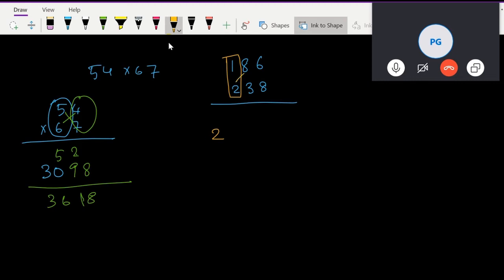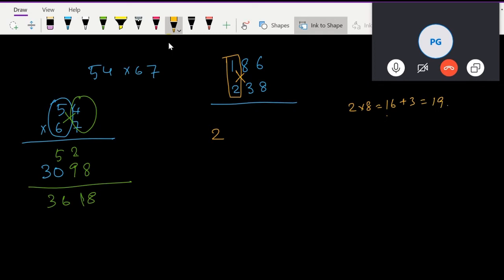So we multiply 2 into 8 and 1 into 3. How much is that? What is 2 into 8? 2 into 8? 16, right? So 16 plus 1 into 3 is 19.